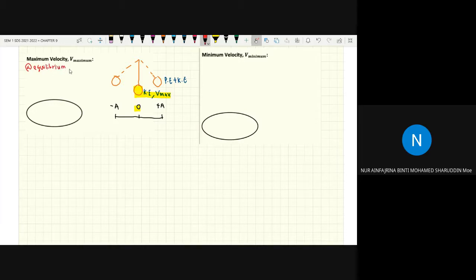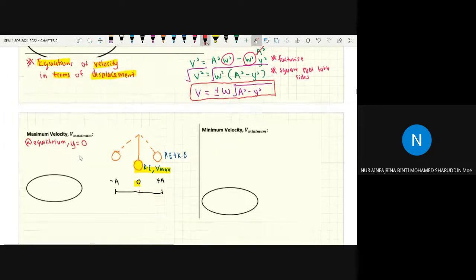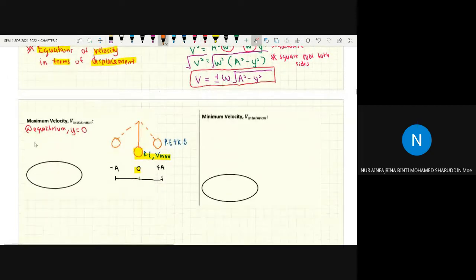So when it is at equilibrium, your displacement is zero. Okay, just now, look, this is your equation of velocity in terms of displacement, right? You substitute back. You write V equals plus minus omega square root of A squared minus y squared.